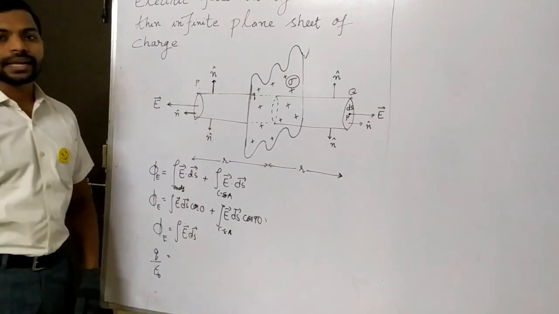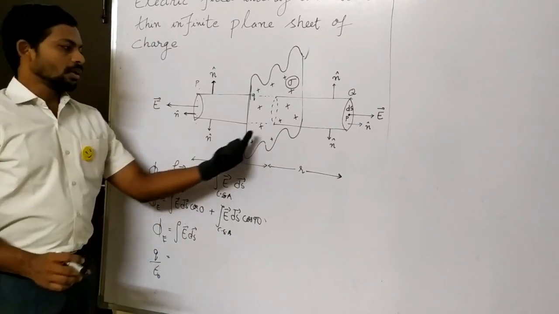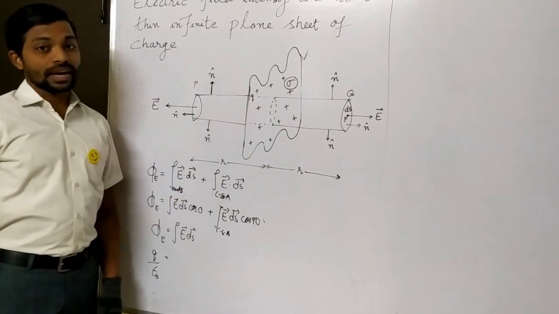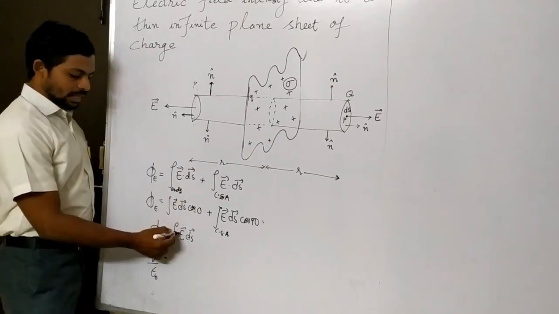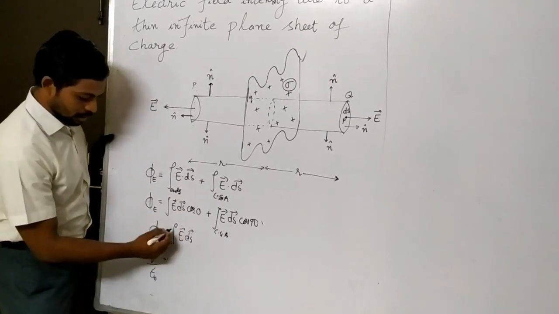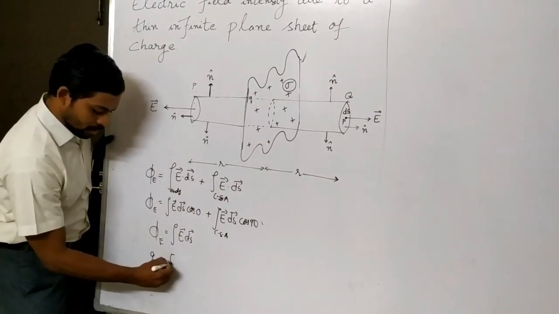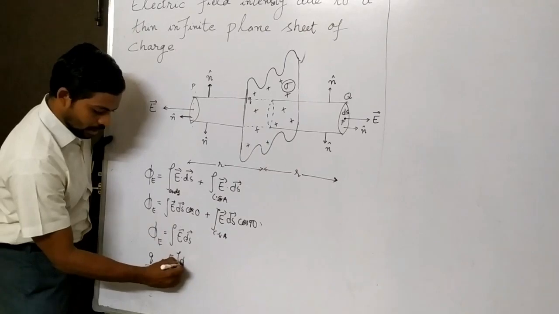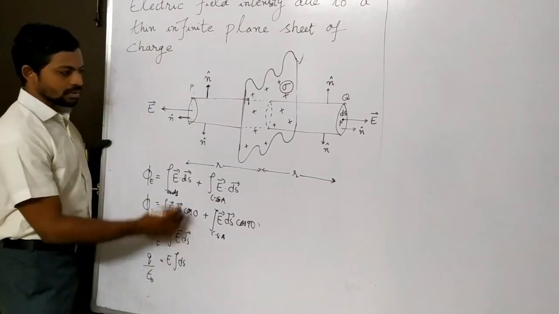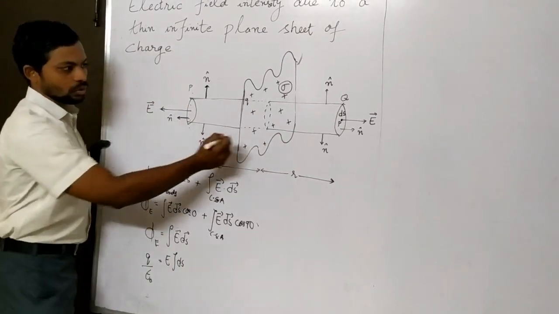Everywhere electric field intensity is the same if the distance is exactly r. So that is constant. So I'll bring this E out of the integration, then it becomes E integral ds. The area which I have taken is just ds here.